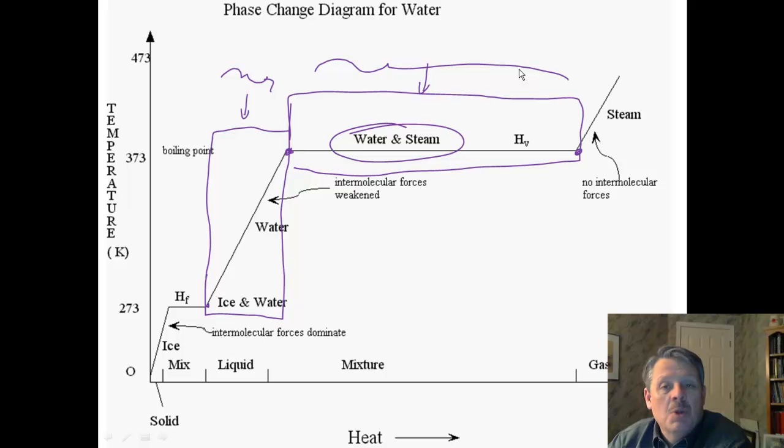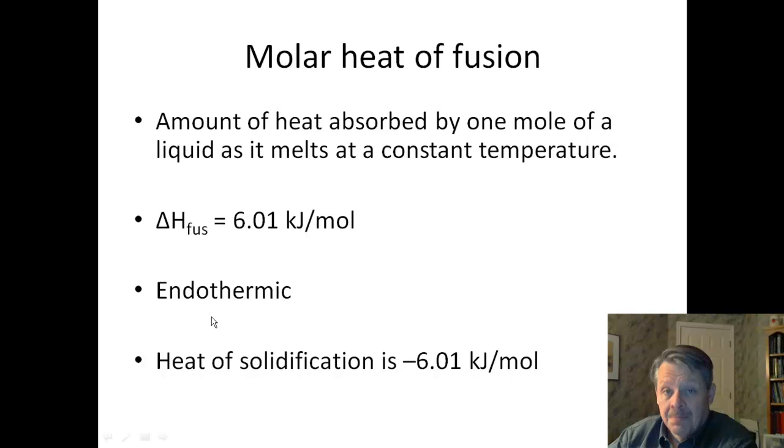And some numbers for why. Now notice it doesn't take anywhere near as much energy to melt ice. It still takes a lot of energy, but nowhere near what it does to boil it. So our molar heat of fusion is the amount of heat absorbed by 1 mole of liquid as it melts at constant temperature. Now, I don't know why they did this, but to me, fusion means putting things together, and we'll talk about that in the nuclear unit later on.